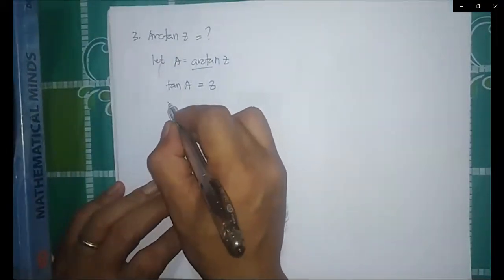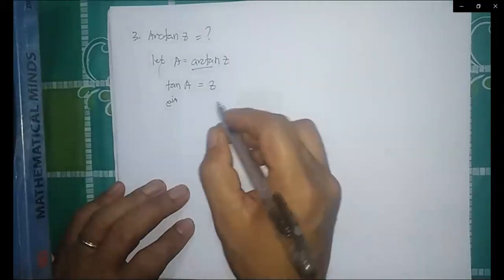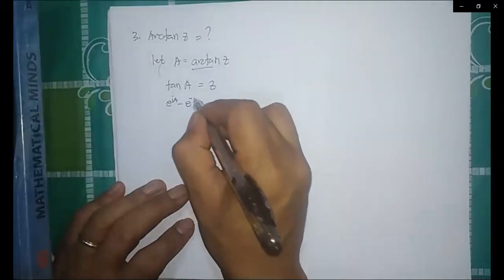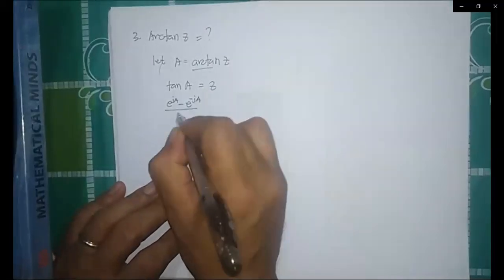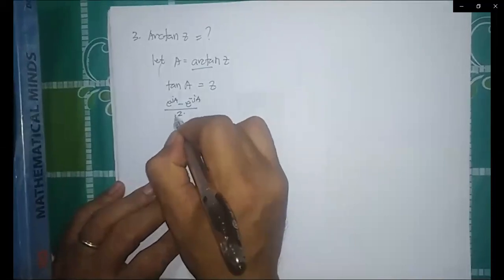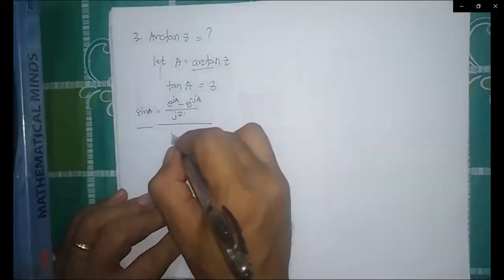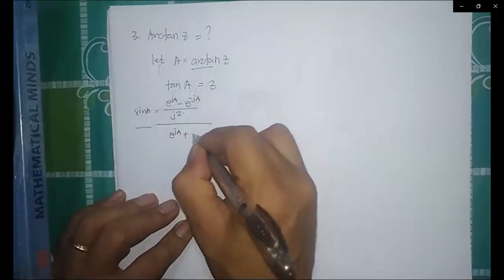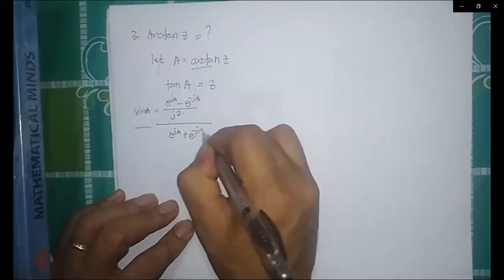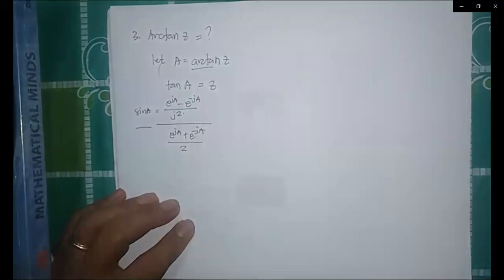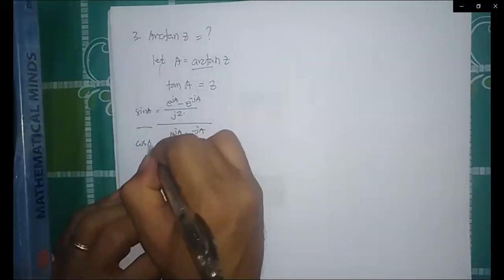And take note, tangent of a is just sine of a all over cosine of a. And sine of a is e raised to ja minus e raised to minus ja all over j2. That is your sine. All over cosine, that is e raised to ja plus e raised to minus ja all over 2. That is your cosine of a.